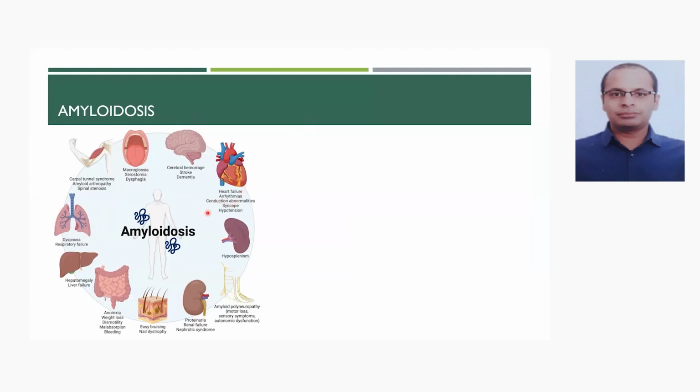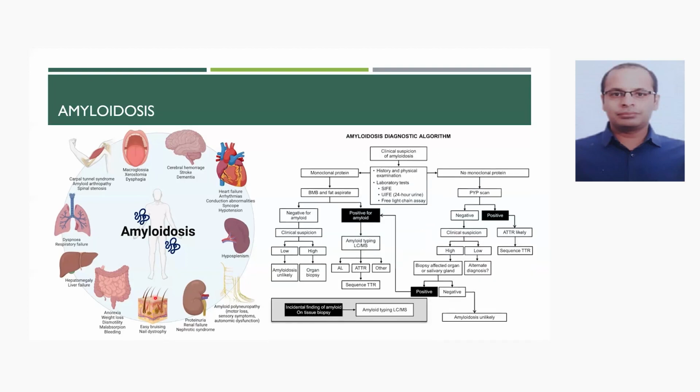Cardiac amyloid can lead to heart failure or arrhythmias, which is a common cause of mortality in these patients. Patients can have hepatomegaly or involvement of the gut leading to chronic diarrhea, weight loss, malabsorption. They can have easy bruising or nail dystrophy, bruising because of various coagulation defects, or neuropathy-like symptoms.